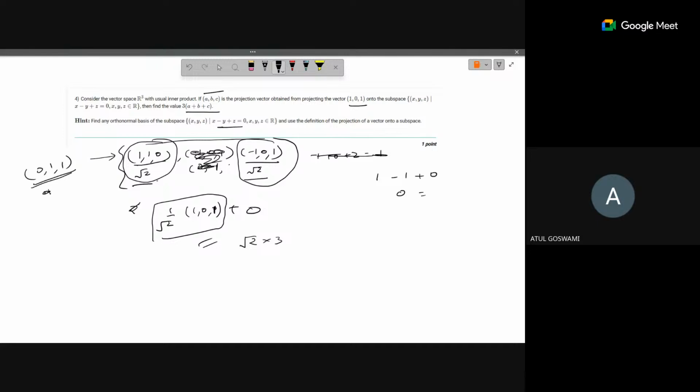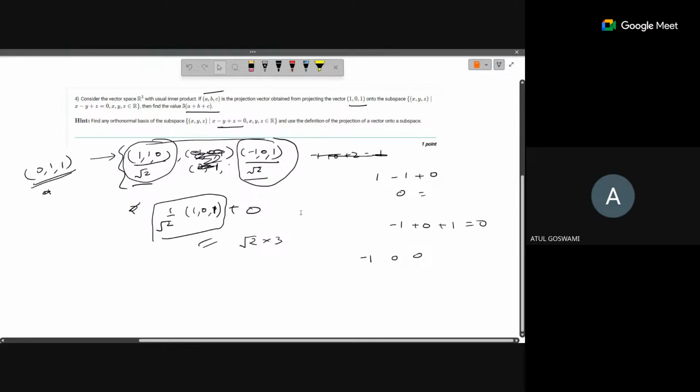This is on this plane, right? And minus 1 0 1 is also on this plane. So both vectors are on this plane. Are they perpendicular? When you take the dot product, sorry, the dot product is not 0. They are not perpendicular vectors.